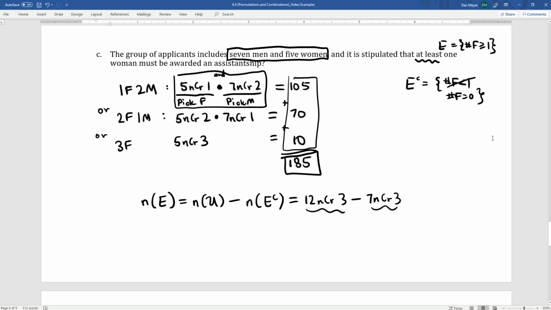And I think, once again, the complement strategy is the easier one to execute. There are fewer things to compute. So being aware of the complement events and understanding how to compute them, again, that's a very, very important thing to be able to do.